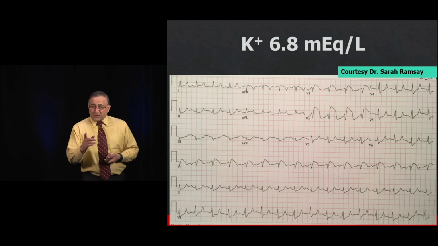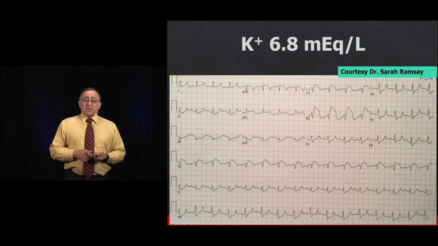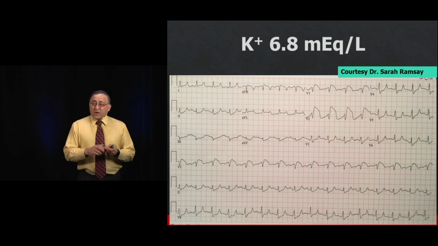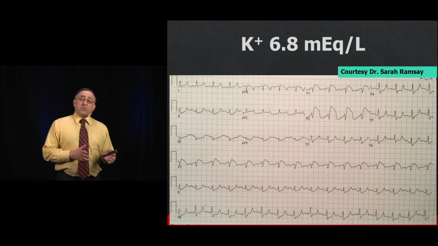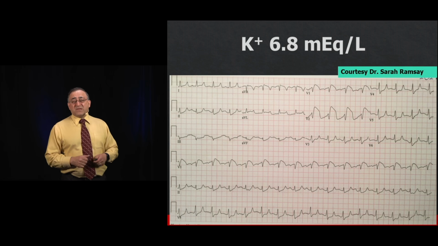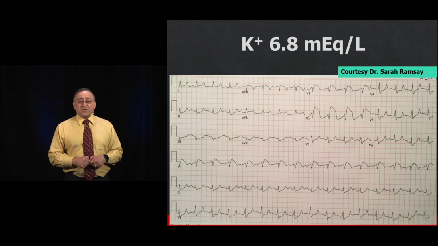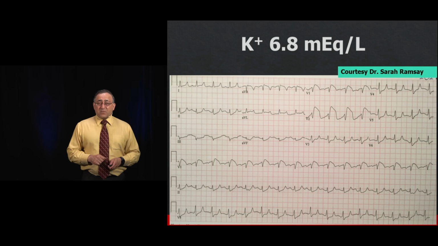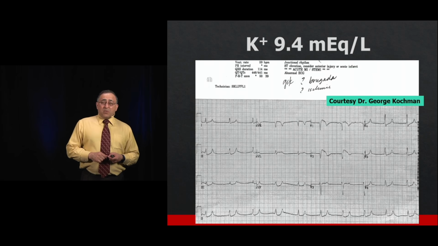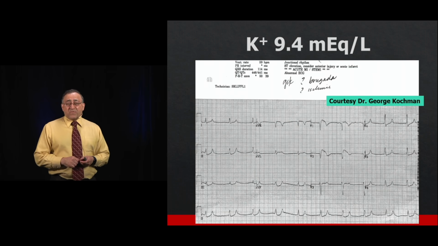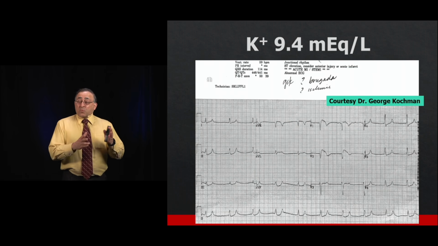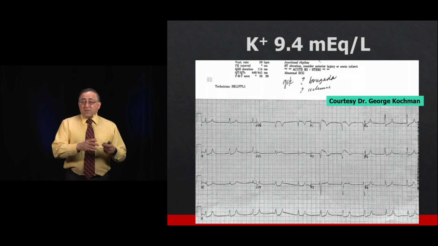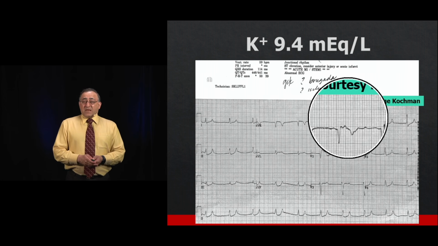Here's another one. This is a little tougher also because there's no rightward axis. For whatever reason, hyper-K doesn't always produce a rightward axis. But again, you've got ST elevation in the rightwardish leads, V1, V2, aVR with peaking of the T waves. It's just hyperkalemia. And one more example: ST elevation in V1, V2, aVR, no rightward axis here, but there are nice peaked T waves in a handful of those leads.